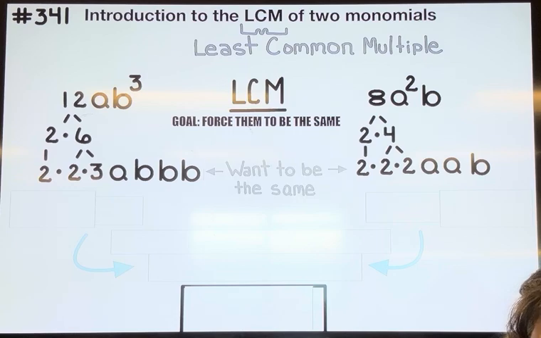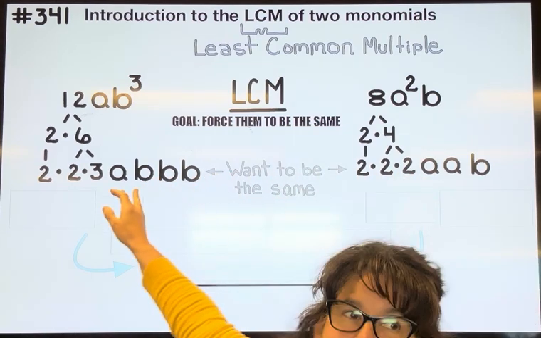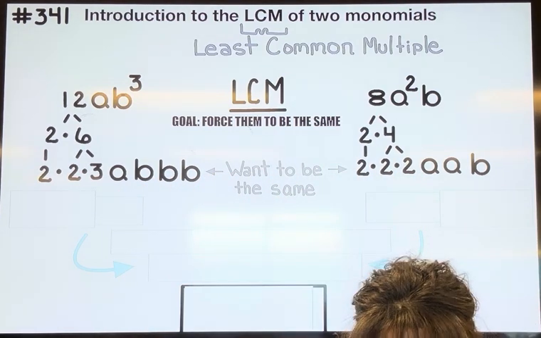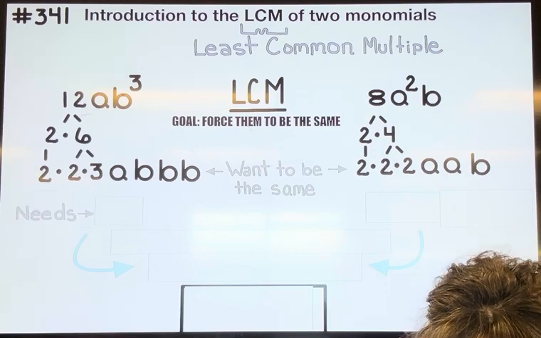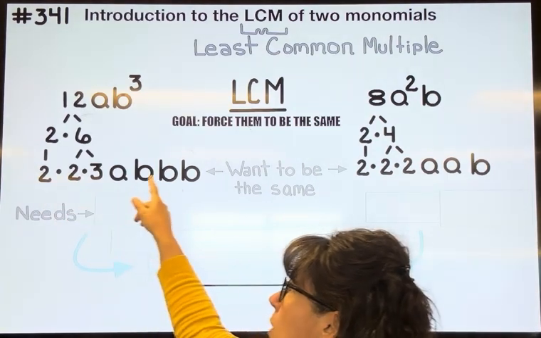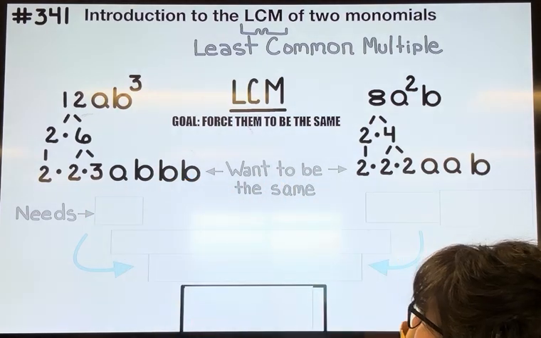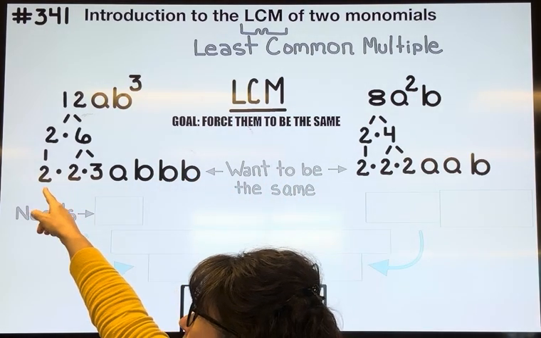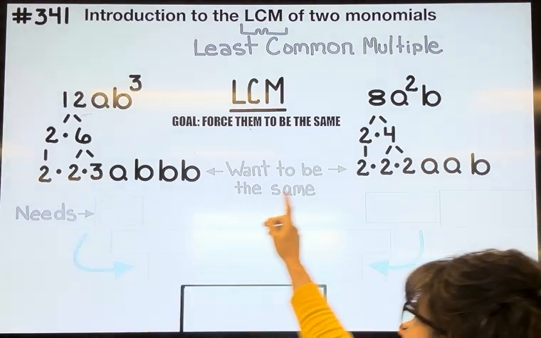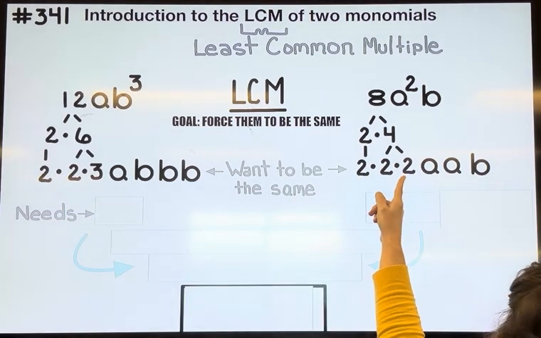Now if my goal is to make these exactly the same, you kind of ask yourself, what does this one need? Well, let's make a comparison. This one only has two 2's, and this one has three 2's.